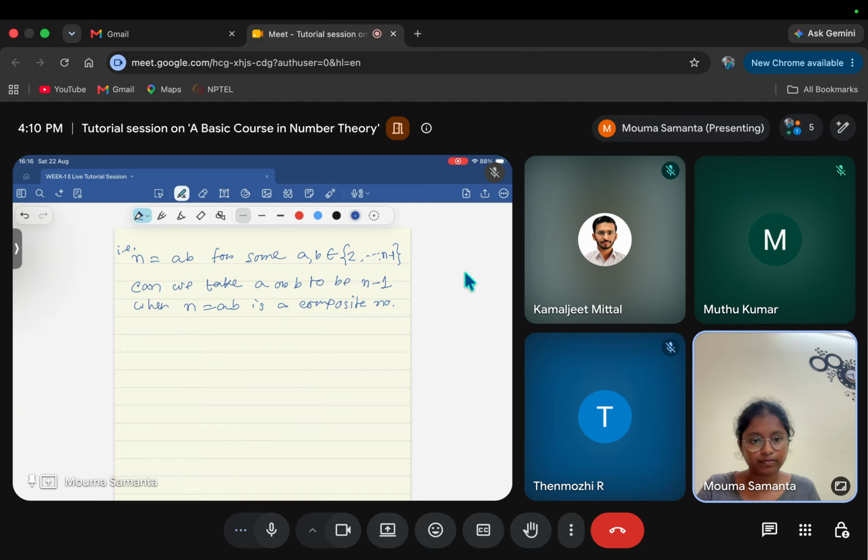So if we take, without loss of generality, a equals n minus 1, then what will we get?